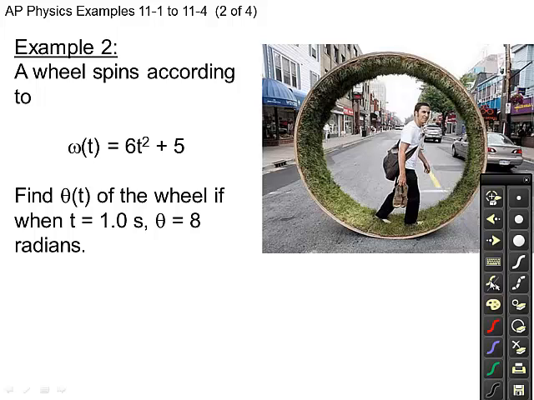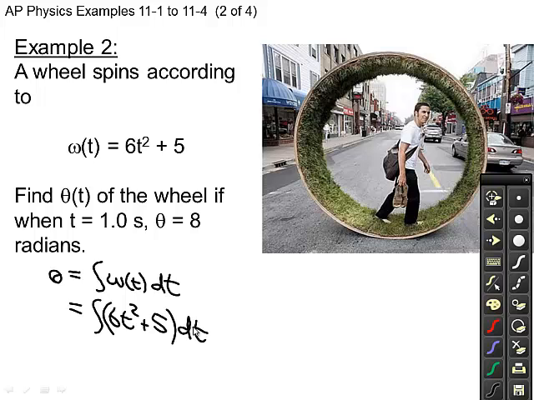So I can find theta. It's going to be the integral of omega of t dt. So this is 6t squared plus 5, and this is going to get me theta.